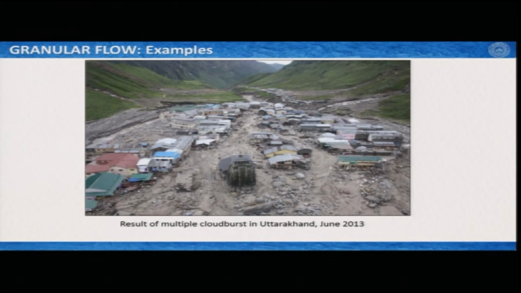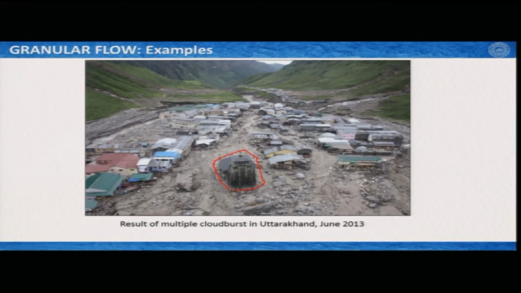Now, if you think of examples, one of the recent devastating examples I can cite, which you can see in this image, is the multiple cloud bursts that happened in June 2013 in Uttarakhand, India. What do you see standing here in the middle? The Kedarnath temple.